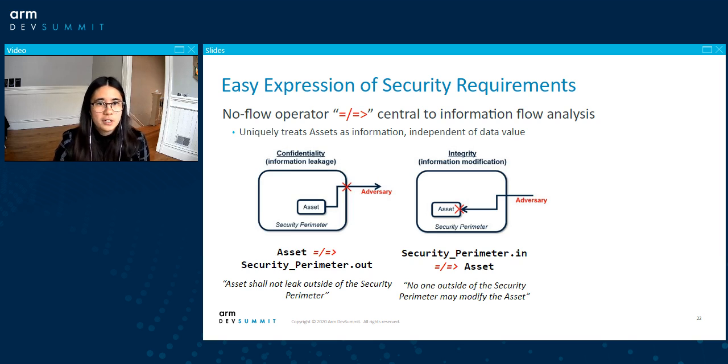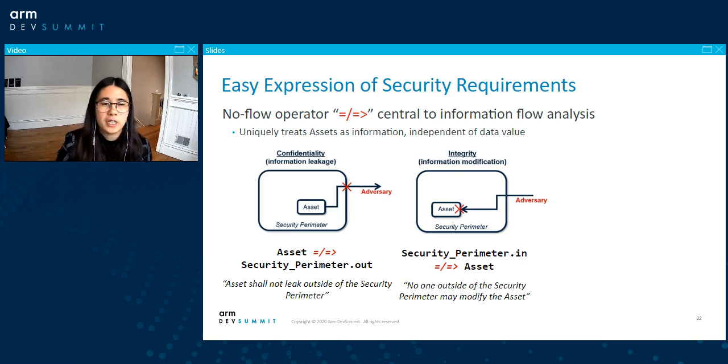Because for typical security properties like confidentiality and integrity, you're not so much concerned with the particular value of the key or the exact sequence of requests that an adversary has to send to corrupt an asset. You're just concerned about the information flow, or the effect that one part of the design can have on the other. And so if you have this concept of information shall not flow from a source to a destination, this really makes the process of specifying security requirements in a way that is verifiable much easier.